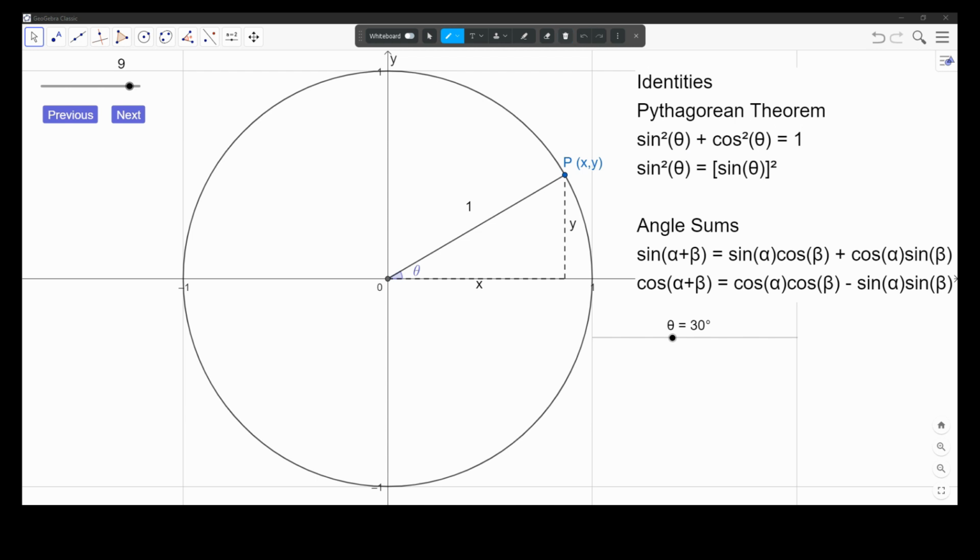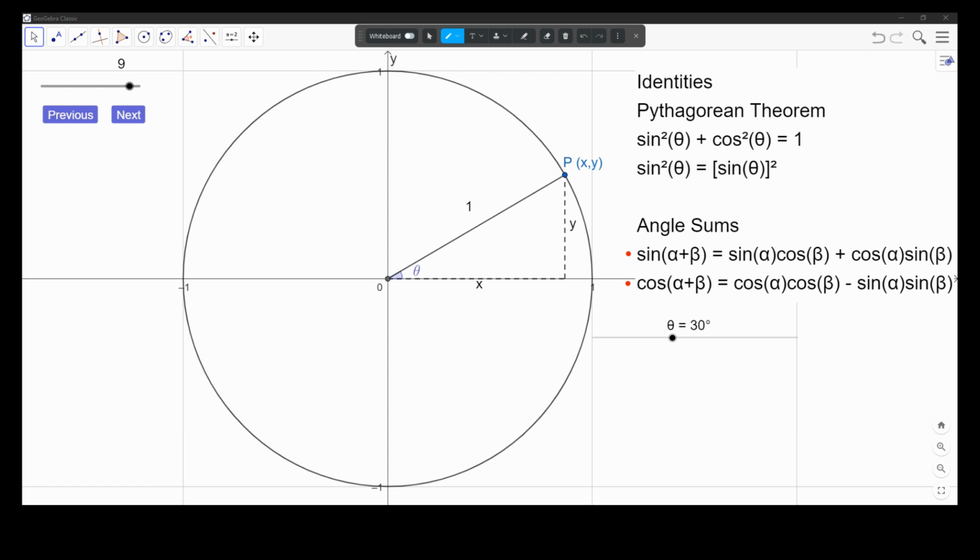Okay? And then alternatively, I'm not going to go into where these come from. That would be a little bit beyond the scope of what we're dealing with here. But there are methods by which you can sum angles and arrive at their cosine and sine functions based on the sines and cosines of the individual angles.